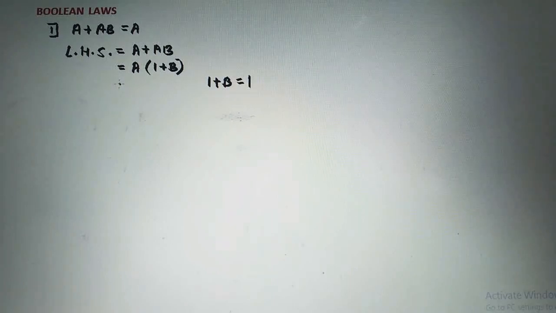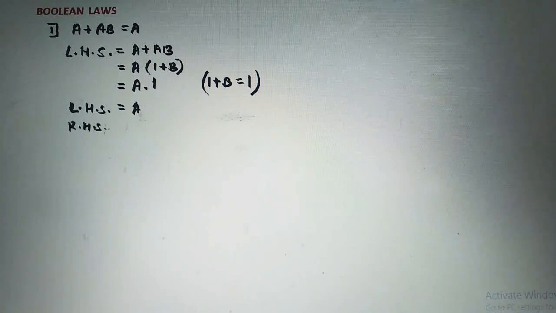So we can write here a dot (1 plus b), and 1 plus b is equal to 1. Now a dot 1 is equal to a according to AND law. So here the left hand side becomes equal to the right hand side, that is a.